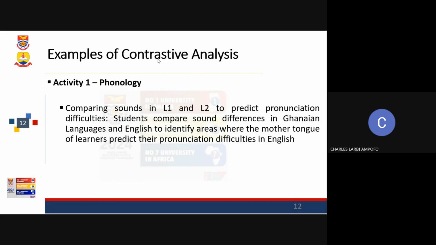So let's look at this. We are looking at examples of contrastive analysis. If we were teaching English language to people whose native language is not English, we are saying that according to contrastive analysis, we must compare the structures.